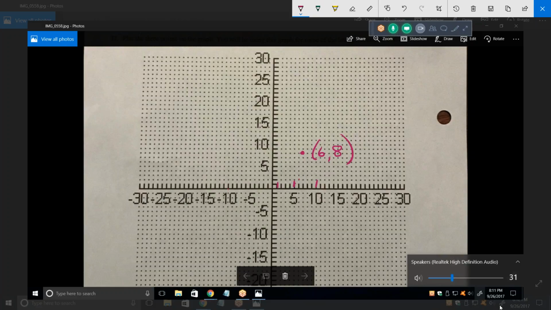So that's negative 10 right there. What was the point again? Negative 10, comma 12. Okay, so if we go up to 12, that's 12 at this point.